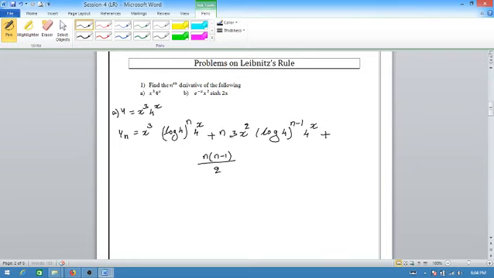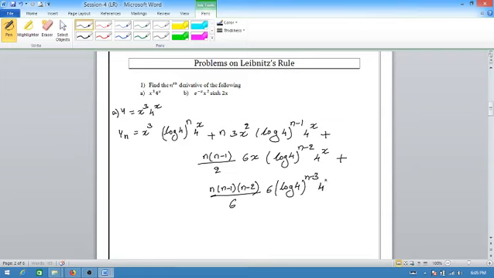The next derivative of x cube, after 3x square, is 6x, with n minus 2, so that is (log 4) raised to n minus 2 into 4 raised to x, plus nC3. nC3 is n(n-1)(n-2) divided by 3 factorial, and the next derivative is 6, with n minus 3, so that is (log 4) raised to n minus 3 into 4 raised to x. The next differentiation of 6 becomes 0, so you should stop here.